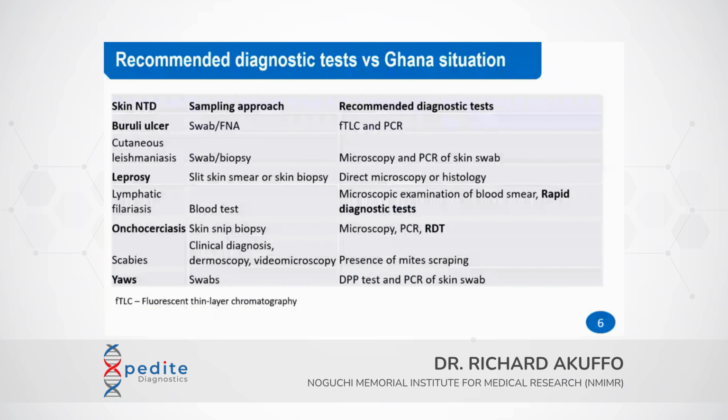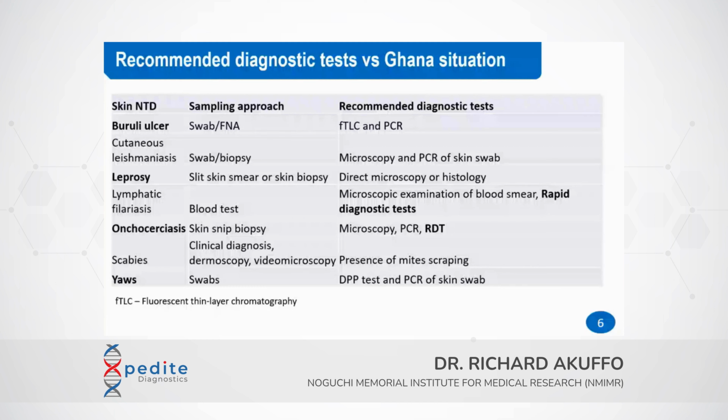When it comes to Buruli ulcer, the mainstay is PCR testing to confirm the bacteria, using either swab samples from ulcers or fine needle aspirates when it's not ulcerated. For cutaneous leishmaniasis, although microscopy and PCR can be used on skin samples, especially biopsy, Ghana is currently conducting PCR mainly at the research level.